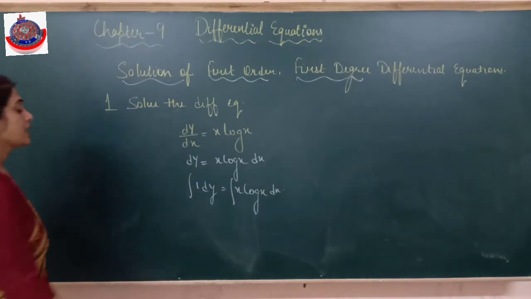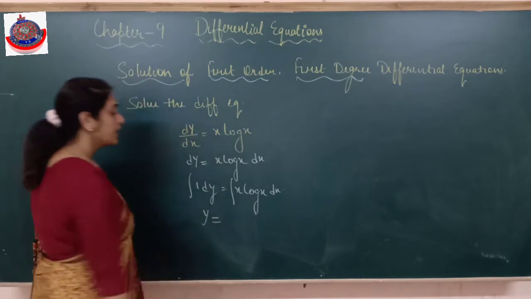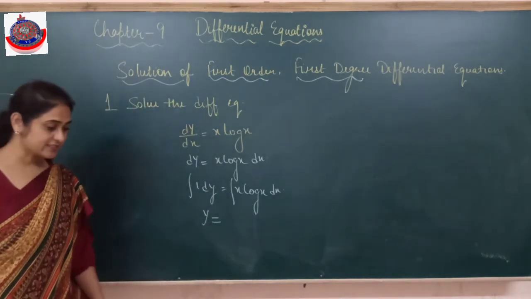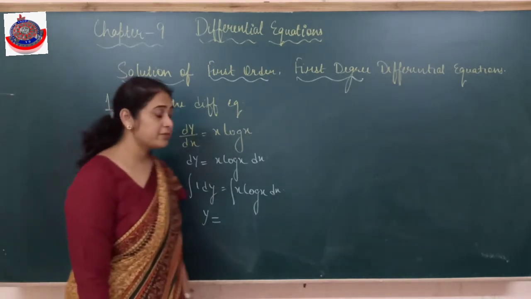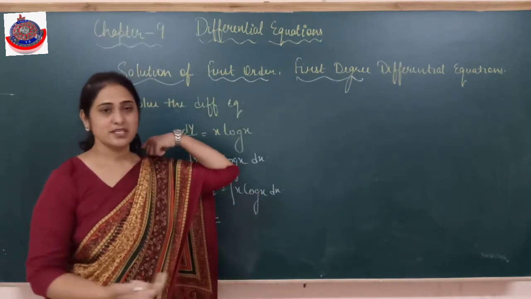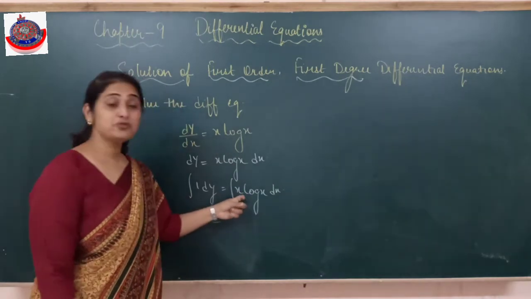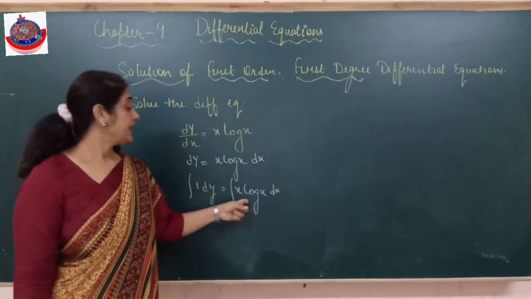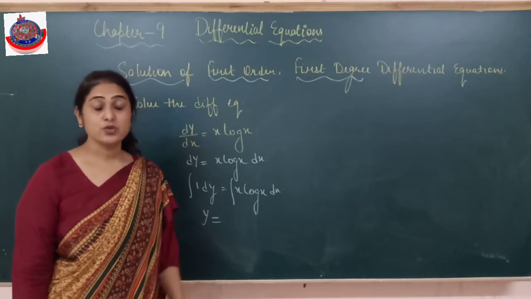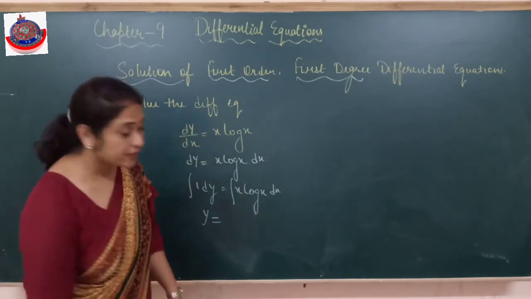Alright. This integration by parts, here x into log x. See children, I told you this chapter is purely based on your integration. Alright, differentiation definitely, because integration differentiation go hand in hand. So you have to remember the integration. It is how to integrate x log x. You have to apply by parts, the product rule in integration.